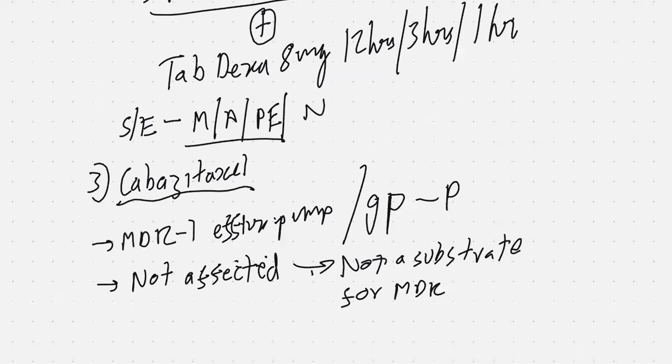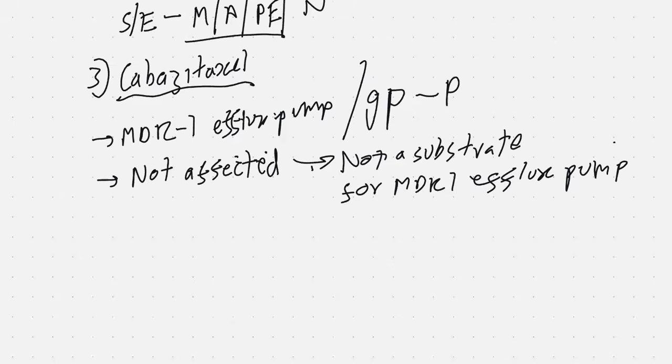So because it's not a substrate, it's retained within the tumor cell even post docetaxel when the resistance mechanism emerges, and it can act on the tumor cell in that setting as well. So where is it approved? It is approved in metastatic castrate-resistant prostate cancer post docetaxel.